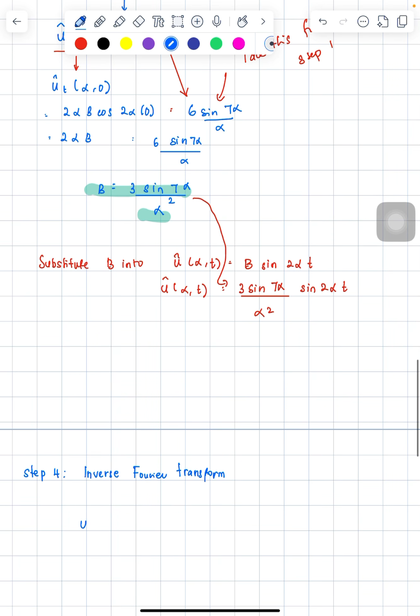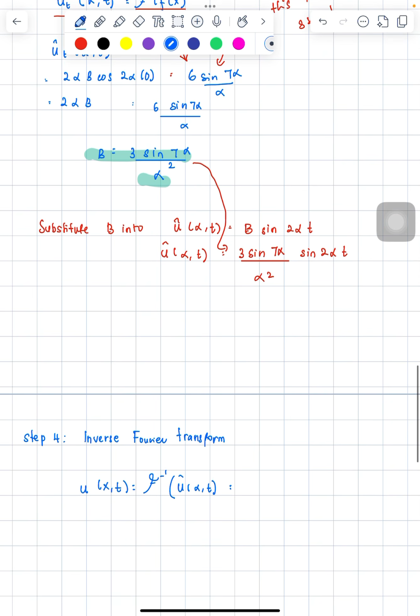So we have u(x,t) equals the inverse Fourier transform of u hat(alpha, t).